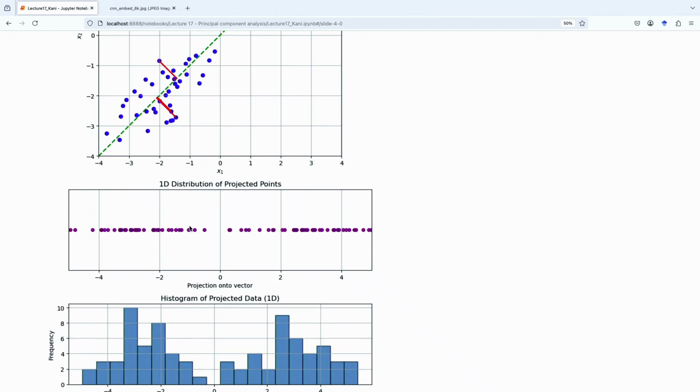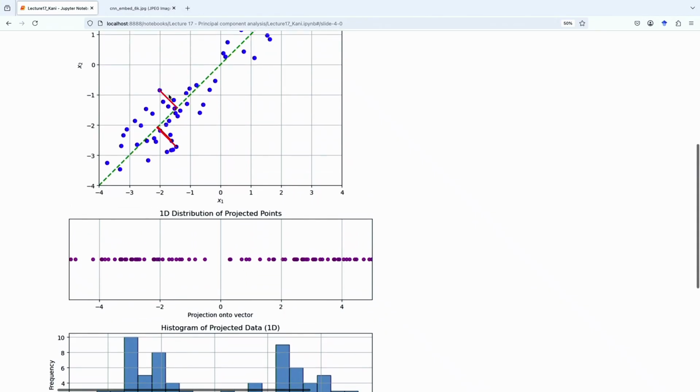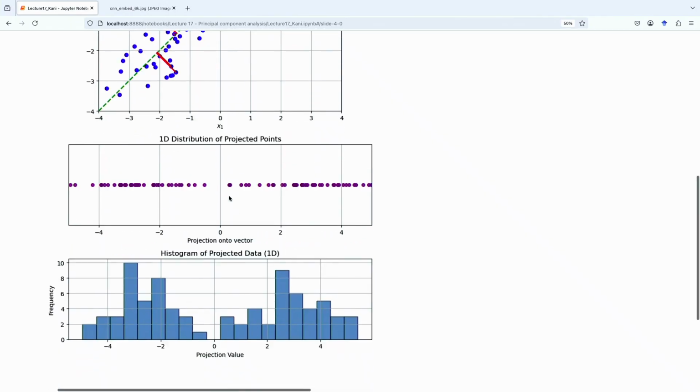And this seems to work mainly because the major feature of the data was that there were 2 clusters, and even though we got rid of some aspects of the data, I mean, if we wanted to reconstruct it, we wouldn't be able to get back these little red lines. But we do still maintain the information that there are 2 clusters in this data set, right? That's the salient feature of the data set.